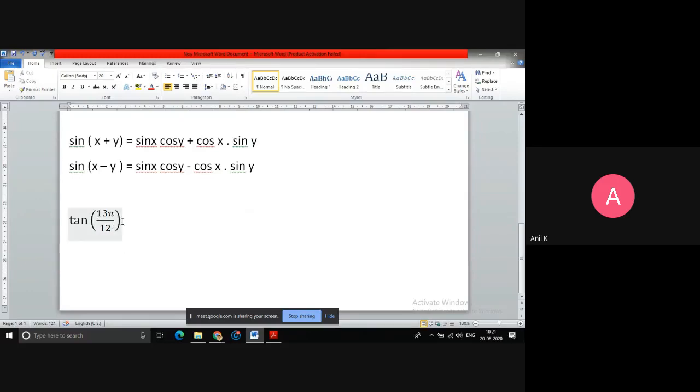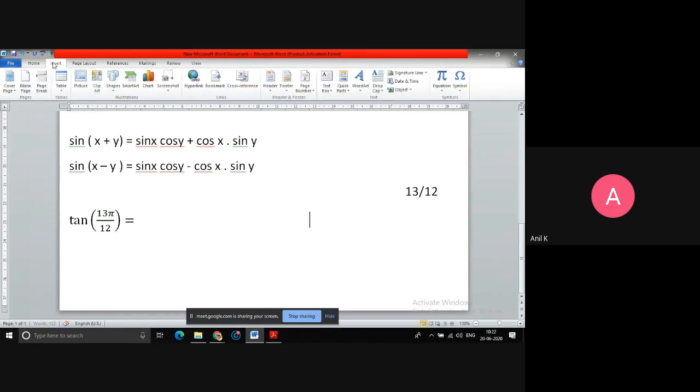So how do I represent this as a known value? Let me solve 13 upon 12. I think everybody knows how to convert into a mixed fraction. If any fraction is given, everybody is clear about how to convert it into a mixed fraction, right?